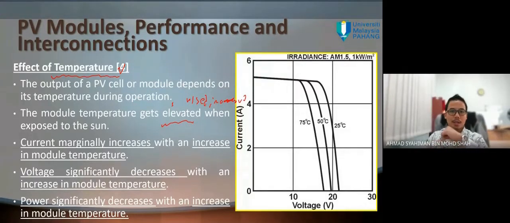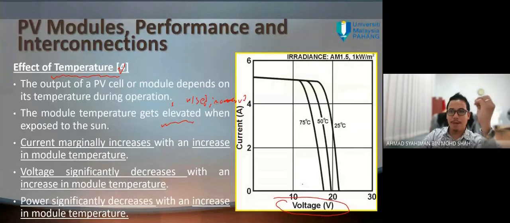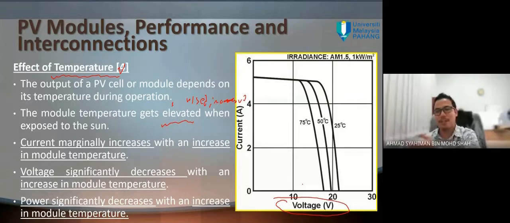Okay. So current marginally increases with an increase in module temperature. You can refer to this graph. I don't know what type of solar module they use. I don't care, because the important thing is to see the difference between the temperature, right? The difference between the current or the voltage to the temperature.